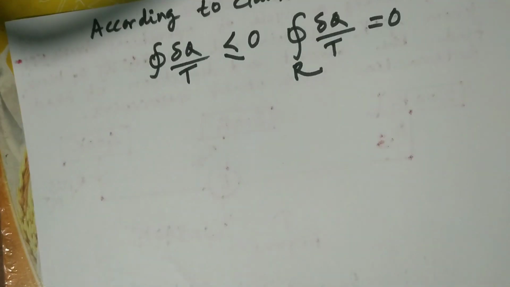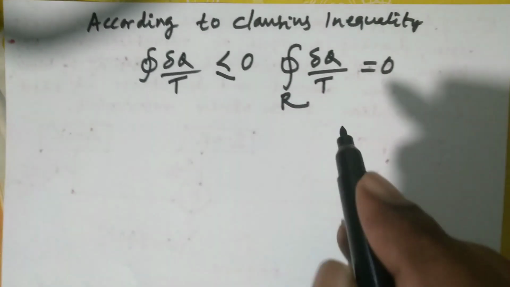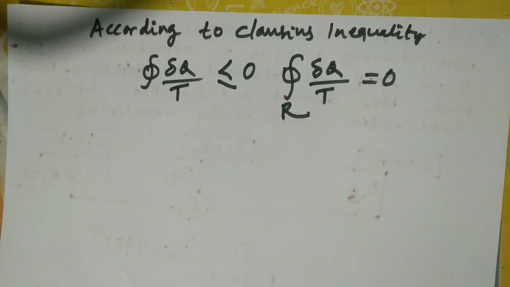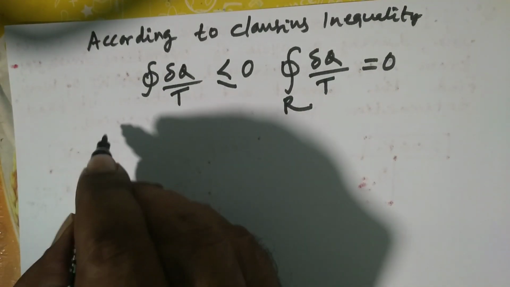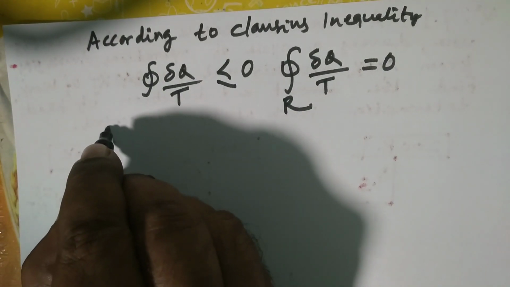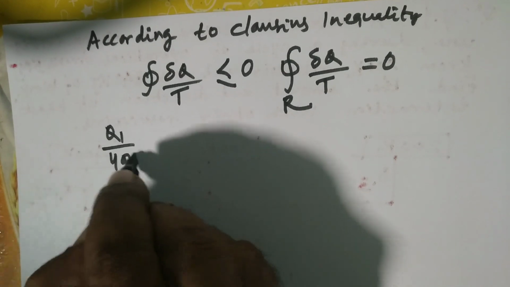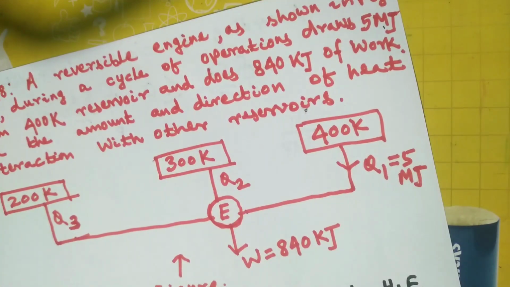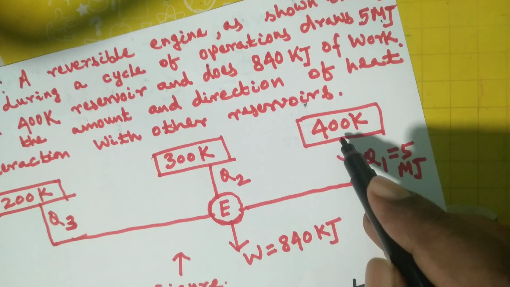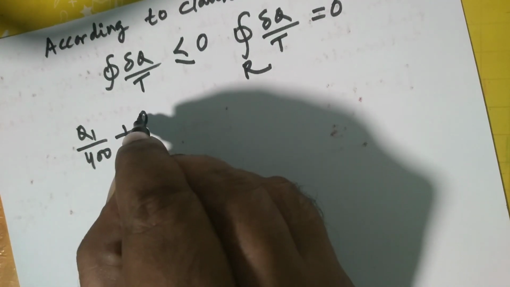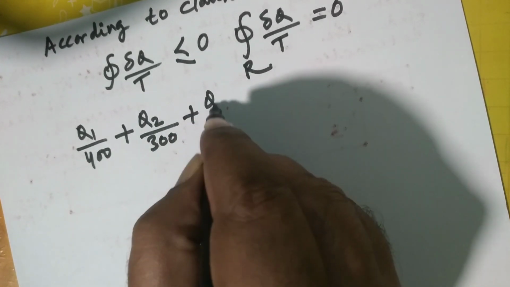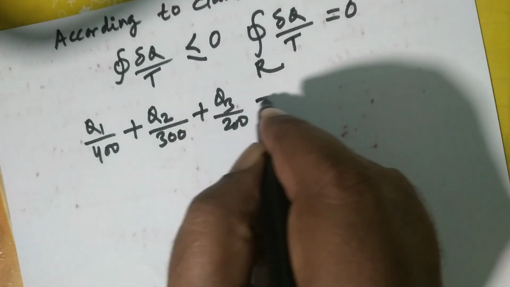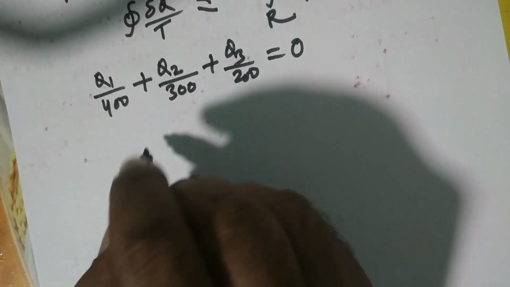While calculating del q by T, heat added to a system will be taken to be positive and heat rejected from the system will be taken to be negative. So Q1 by 400, because Q1 is coming from the reservoir whose temperature is 400 Kelvin, plus Q2 by 300 plus Q3 by 200 is equal to 0, because this is a reversible cycle.